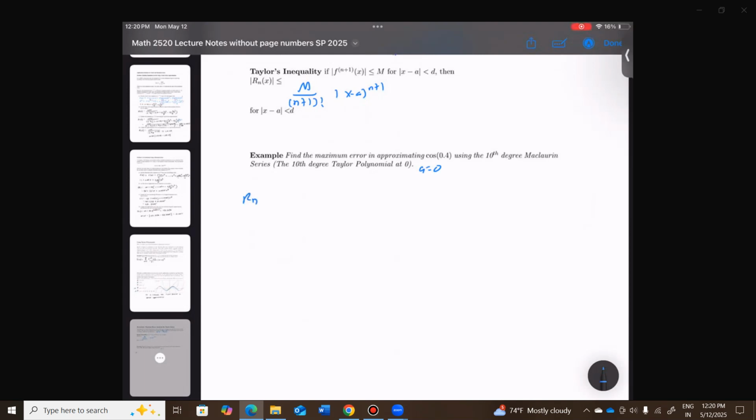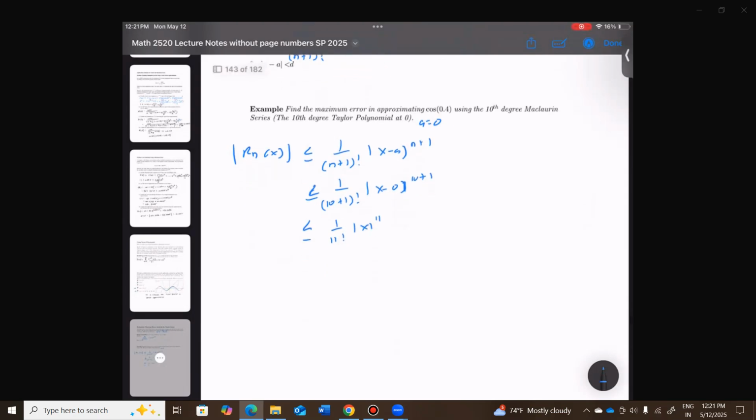So we'll have R_n of x less than or equal to 1 over n plus 1 factorial times x minus a to the n plus 1, which is less than or equal to 1 over 10 plus 1 factorial times x minus 0 to the 10 plus 1, which is less than or equal to 1 over 11 factorial times the absolute value of x to the 11th, and then that'd be less than or equal to 1 over 11 factorial times 0.4 to the 11th power, and that comes out to be approximately 1.5 times 10 to the negative 12th.